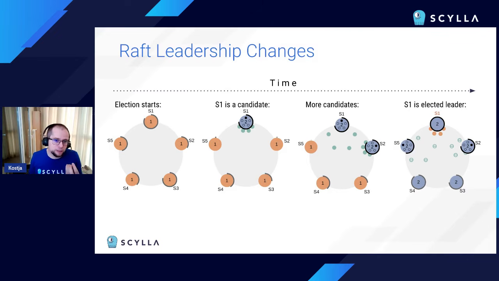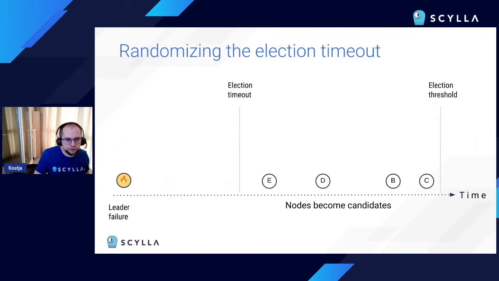But the problem is that, as you can see, by the time S1 becomes a leader, S2 and S3 also become candidates and try to run an election. So in vanilla Raft, there is this potential race, and that has been recognized as a significant issue with any straightforward implementation, between nodes trying to become candidates, trying to win elections, and stealing the votes from each other.